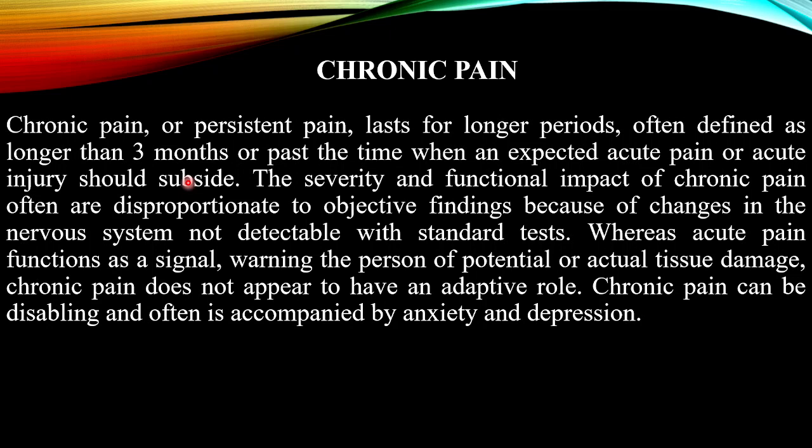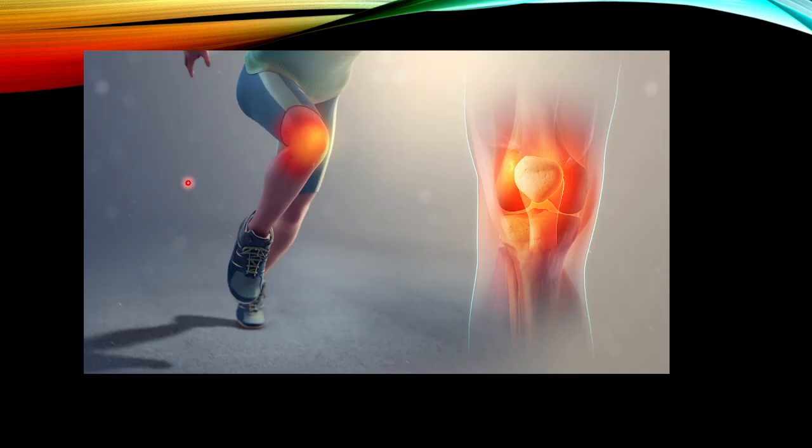It can significantly impact a person's quality of life, leading to physical limitations, emotional distress and social isolation. So acute pain and chronic pain are completely different from one another. This is the picture of chronic pain.